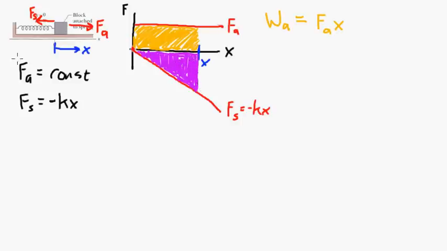Right here at this point x, the spring force equals negative kx, but the work done is the area of this triangle, which is one half base times height. The base of this triangle goes from 0 to x, so that's just times x. And then the height is negative kx.